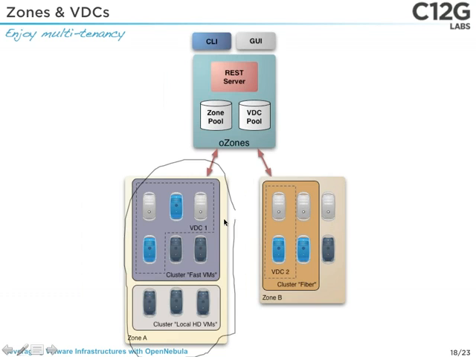This zone can be further compartmentalized into different clusters. For instance, this will be the cluster of fast deploying VMs, and this will be the cluster of VMs that are deploying in local hard disks, so the IO performance will be better. And you have a centralized way to manage different OpenNebula instances.